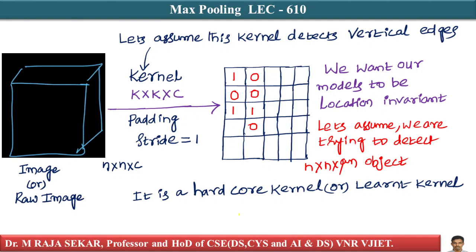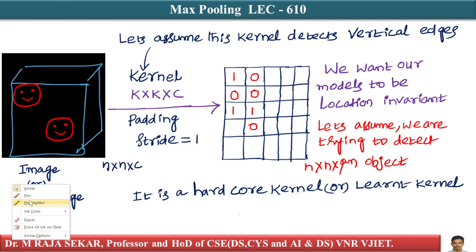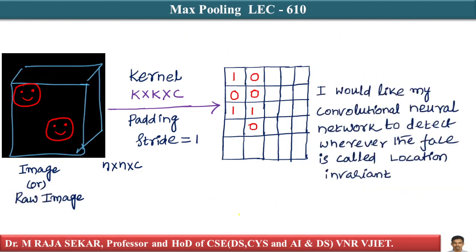Say the object here is a face. Whether the face is here or here, I would like my convolutional neural network to detect it. It need not bother where the face is.